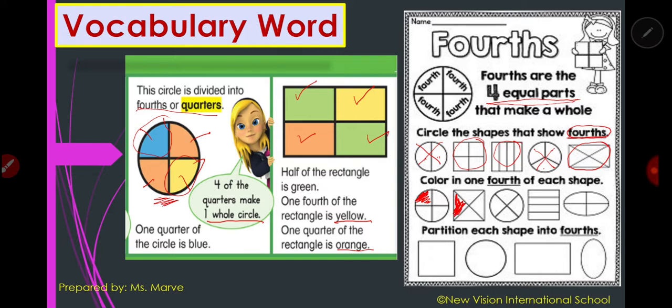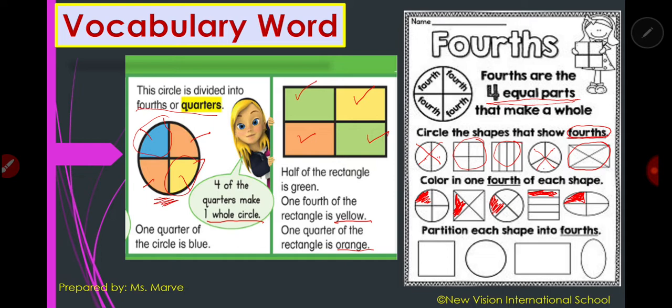Can you do the 3rd, the 4th, and the 5th? Answer now. Okay, let's check your answer. Here, I will only color 1. And here, I will only color 1. And here, only 1. Okay, check your answers. Is it correct?